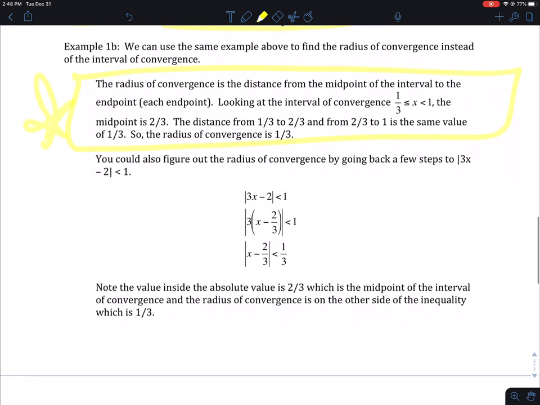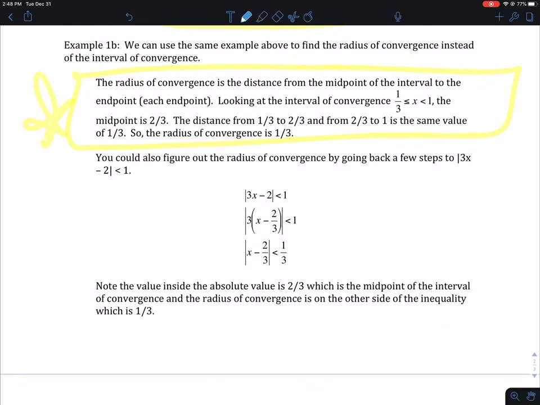Typically, they do it when you're at this step here, where the absolute value of 3x minus 2 is less than 1. In order to find your radius of convergence, you have to get the coefficient of x to be 1 and not 3. So I factor a 3 out. When you factor a 3 out of 2, it gives you 2/3. So your radius of convergence is 1/3.